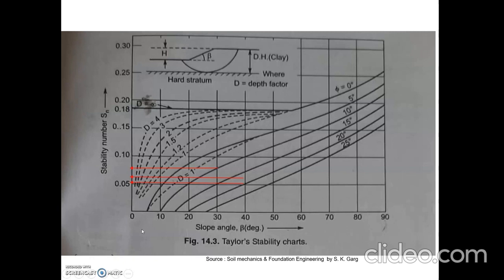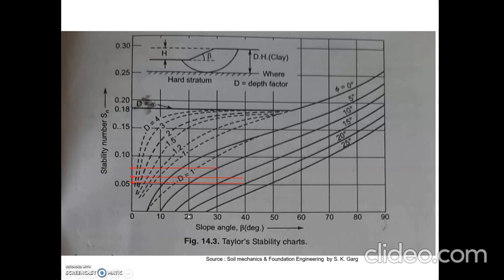Now this is a chart which is referred to as Taylor's stability chart, which is used to find stability number. On the x-axis we can find slope angle, that is beta, which is in degrees, and this beta ranges from 0 to 90 degrees. So in between there are divisions which show us the slope angle.